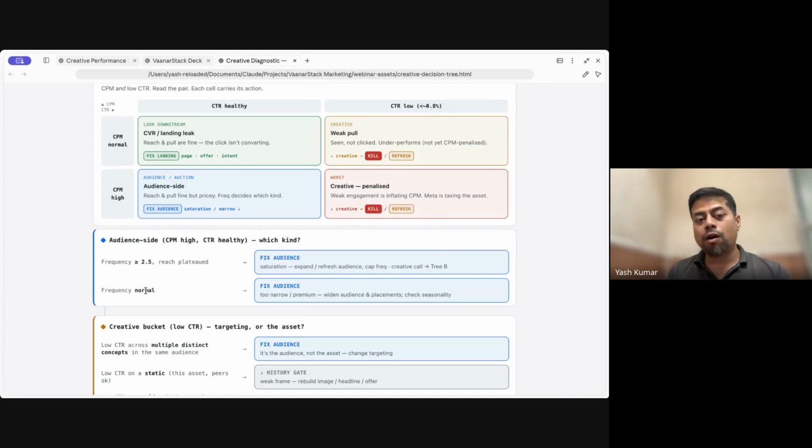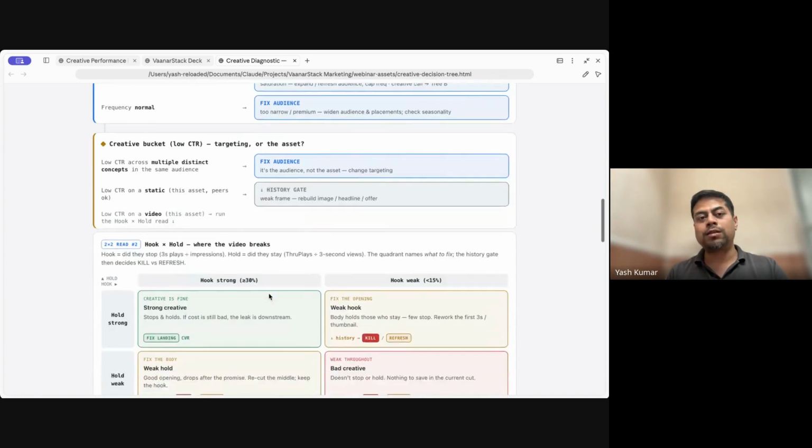If frequency is normal and still CPM is high, which means probably you are targeting a bit of a narrow and premium audience, right? This is with the caveat that CTR is healthy. Because if, let's say, the ad was poor, it would not have come into this bucket of the CTR healthy bucket, right? So within this bucket, within audience, there are two different diagnoses.